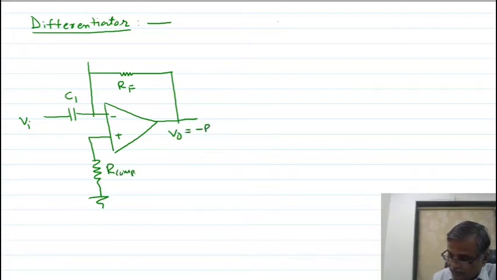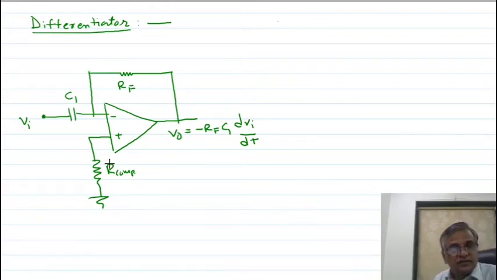The output of this circuit is nothing but the derivative of the input waveform. Output is RF C1 times the derivative of the input signal.